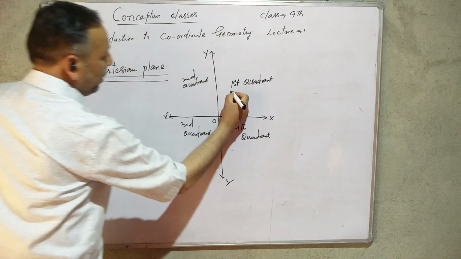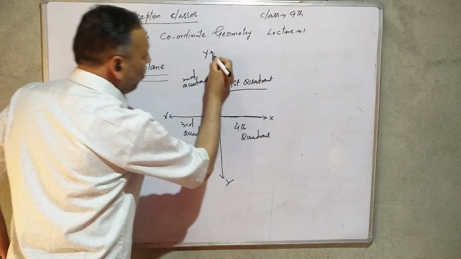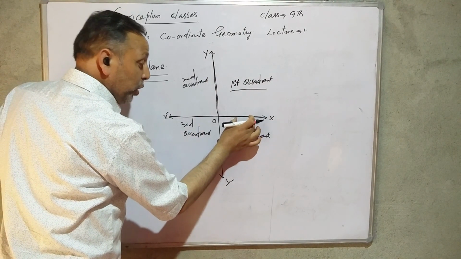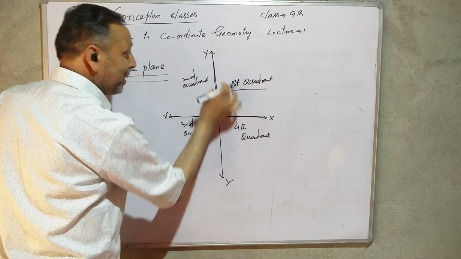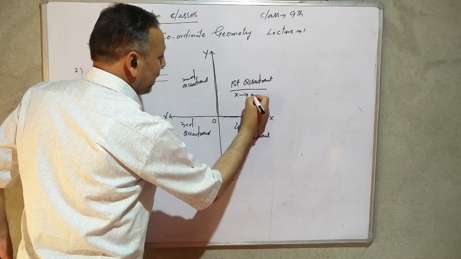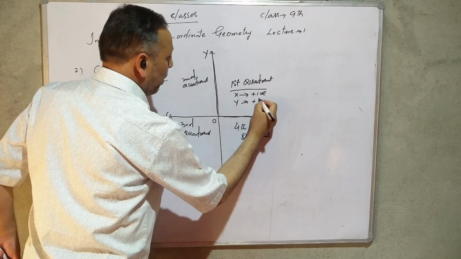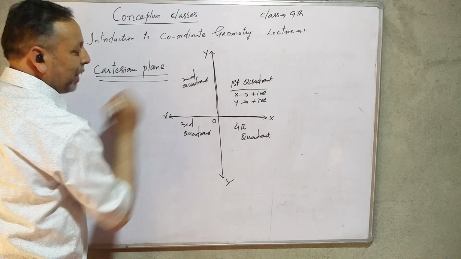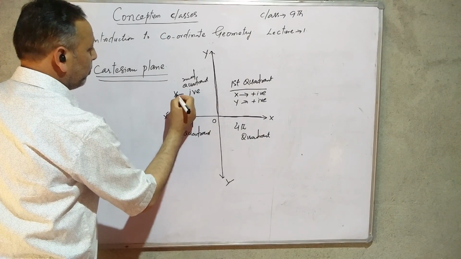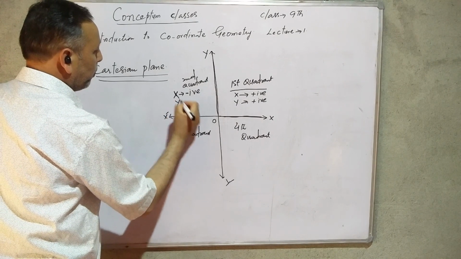This first quadrant contains OX and OY. That means it has the positive directions of the x-axis and y-axis. Therefore, here x is positive and y is positive. In the second quadrant, x is negative and y is positive.